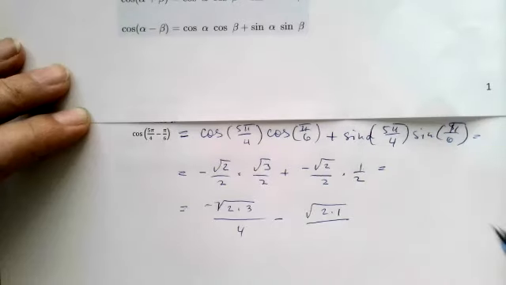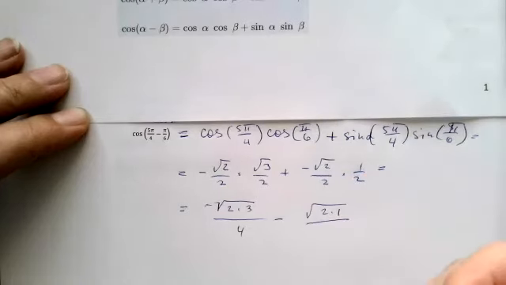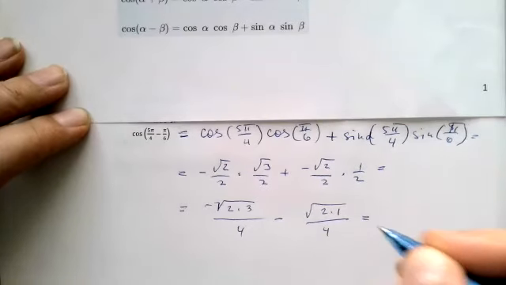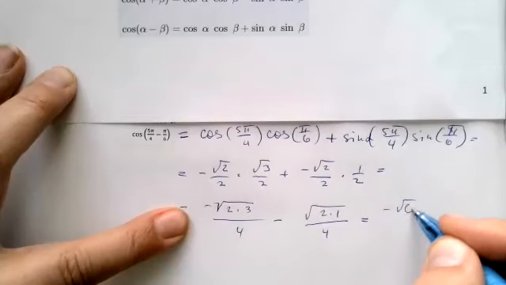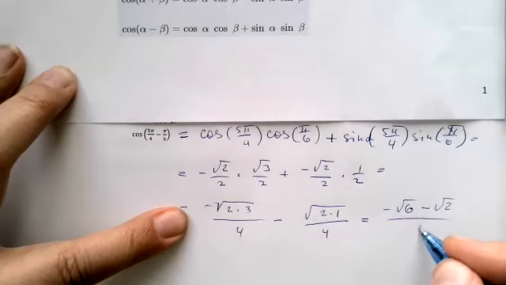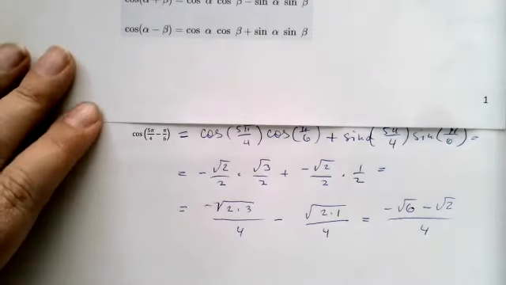It's legal, but we could also just multiply root of 2 by 1 and get a root of 2. So in the end, we're going to have negative root of 6 minus root of 2 divided by 4. And that's our answer for this problem.